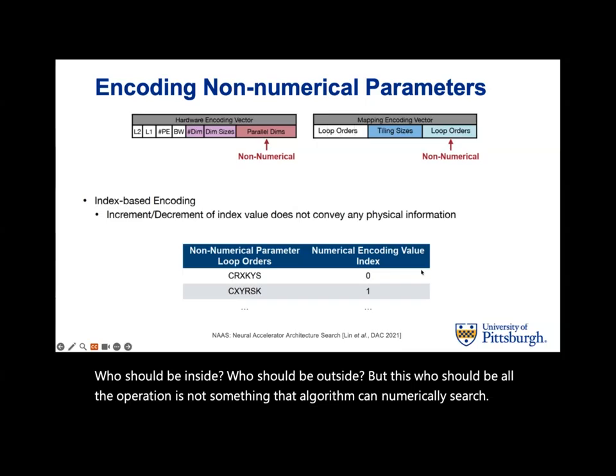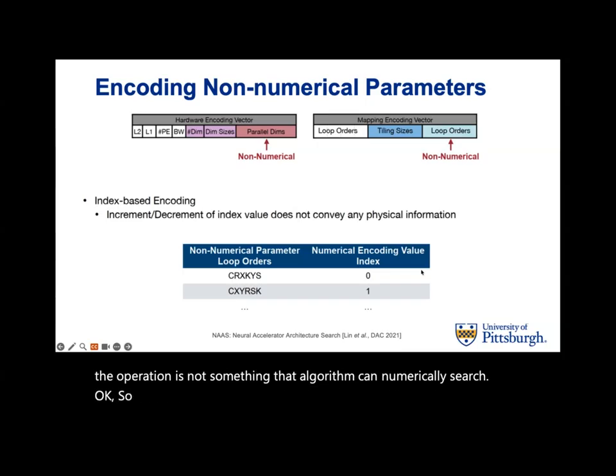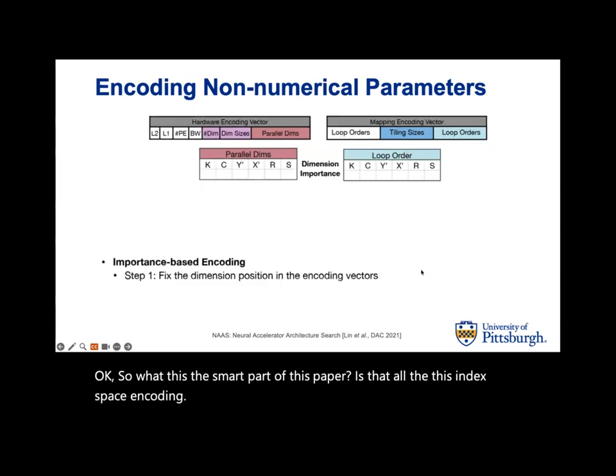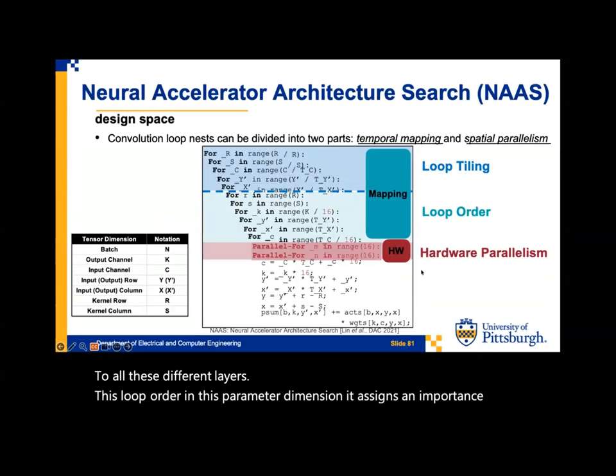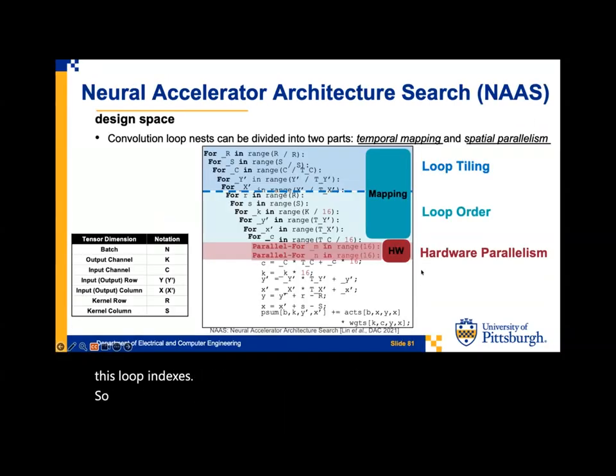So the smart part of this paper is this index-based encoding. What it does is that it assigns importance to all these different layers, this loop order in this parameter dimension. It assigns importance to these loop indexes, so to this R, S, C, Y, and all these loop indexes, it assigns an importance value.